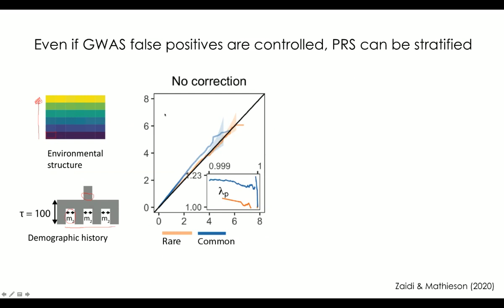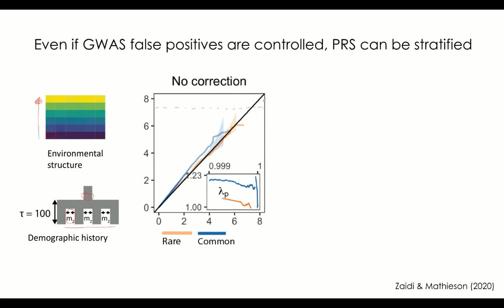But there's not a lot of inflation. In particular, we're not reaching the levels at which we would expect to see genome-wide significant false positive associations. That's consistent with our intuition that the amount of structure that we see in a population like UK Biobank is not enough to cause genome-wide significant false positive hits. In that sense, we're relatively safe.